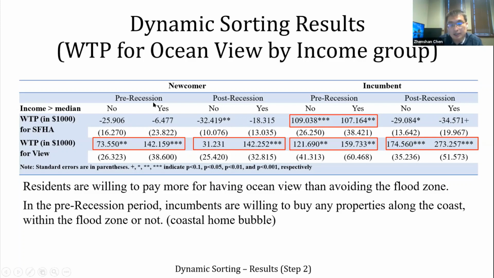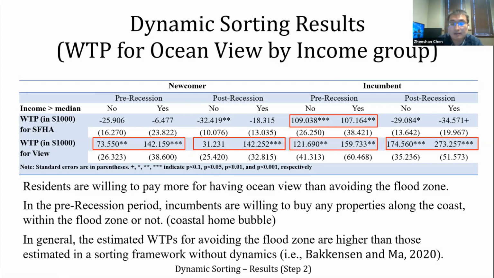That's the same as the previous table, and it's true here too. It's kind of indicating that maybe people made some unreasonable decisions pre-recession, and there are a lot of discussions about the coastal home bubble in the pre-recession period.